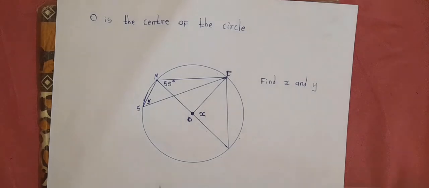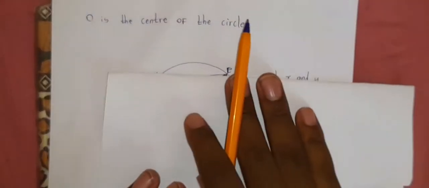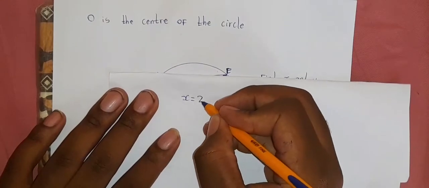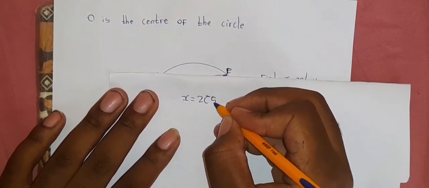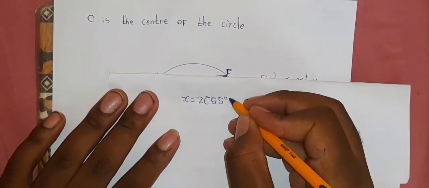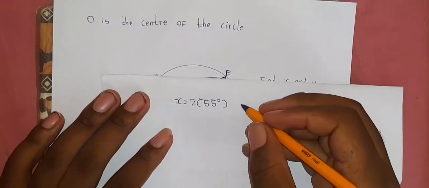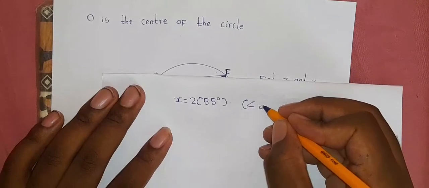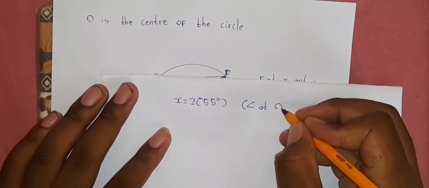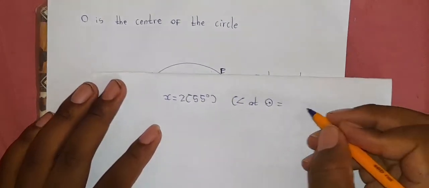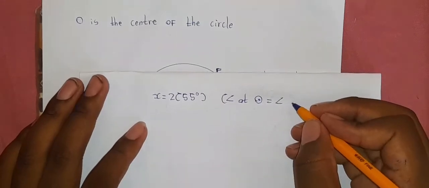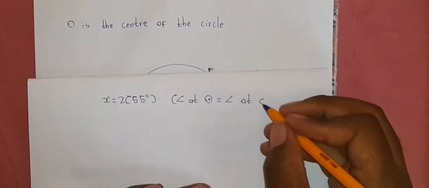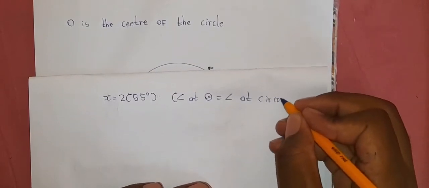So we can see X is 2 times 55. X is equal to 2 into 55 degrees. Reason: angle at center of a circle is equal to twice the angle at circumference.